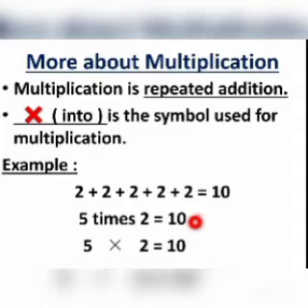So, I write 5 times 2 is equal to 10. Or I can also say 5 into 2. In the place of times, I use the symbol X or into. So 5 into 2, or 5 2s are 10.